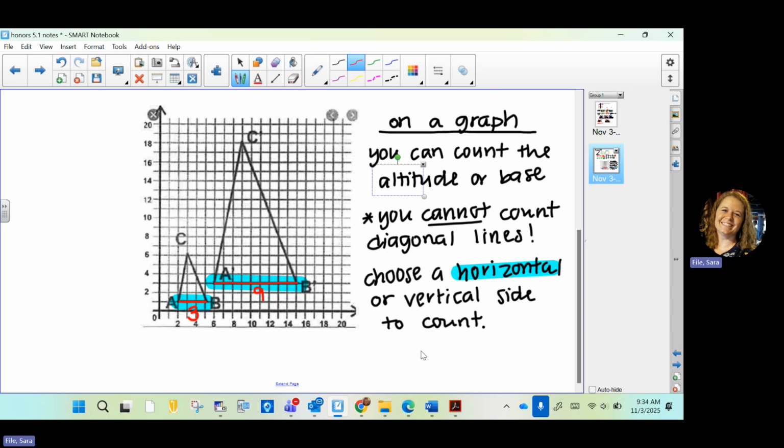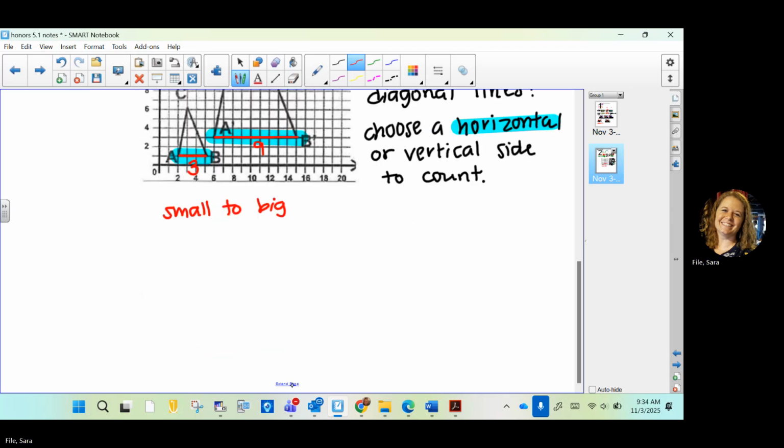Okay, so this one didn't tell us in words to go from small to big, but I can tell based on those markings that this is prime, that that's the new image. So I know it's small to big. Okay, it's triangle ABC to triangle A prime, B prime, C prime. Those prime markings is why I know that's the new image.